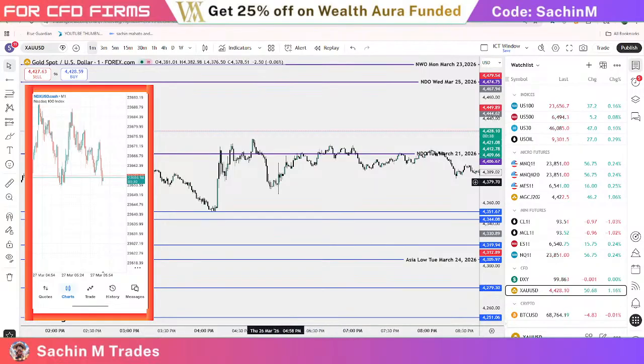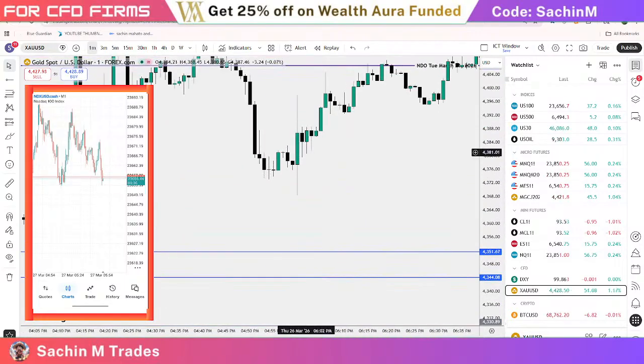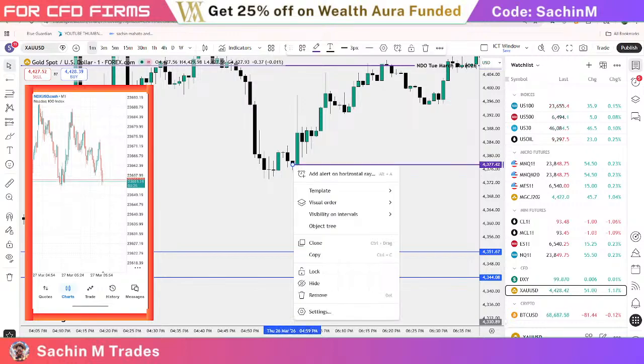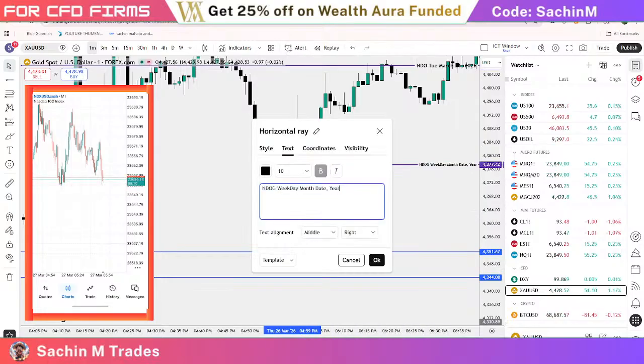Yes, here it is. It's 646. Here is the opening price of the day. Template. There is no gap in the opening, so this will be NDO, new day opening.